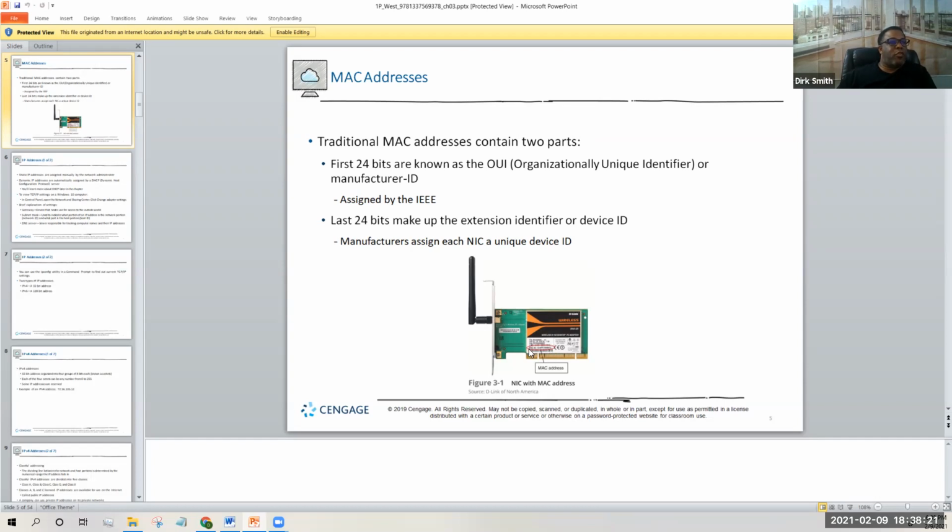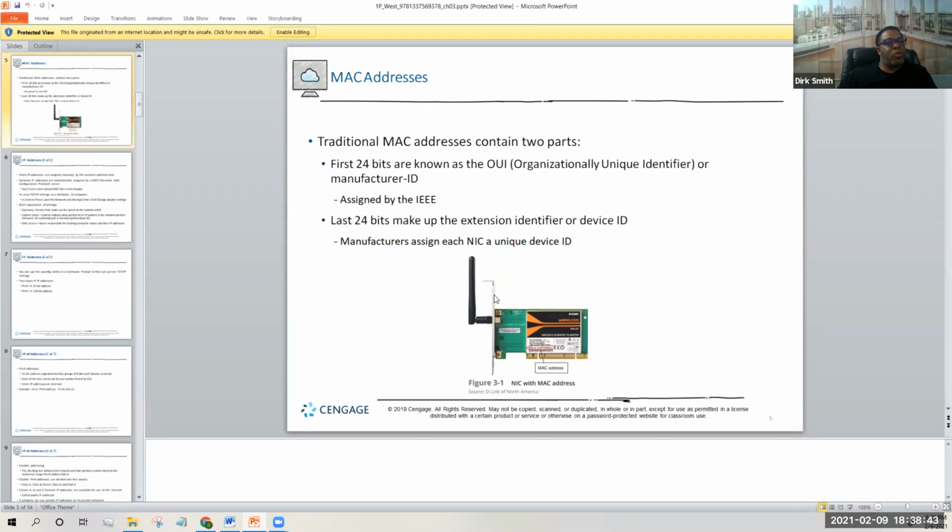By looking at the first 24 bits, there's going to be a unique code number for Linksys or Comcast or whatever company makes network cards. Then the last 24 bits make up the extension identifier, and it's like the serial number for that particular card.